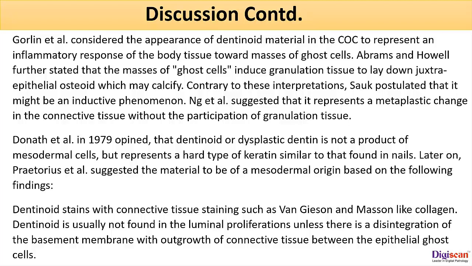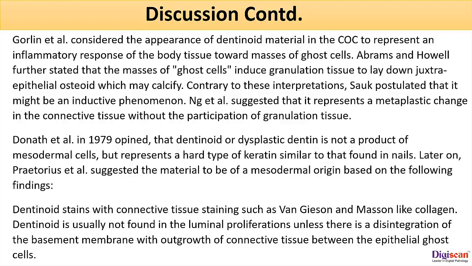Donath et al. in 1979 opined that dentinoid or dysplastic dentin is not a product of mesodermal cells but represents a hard type of keratin similar to that found in the nails. Later on, Pretorius et al. suggested the material to be of mesodermal origin based on the following findings.